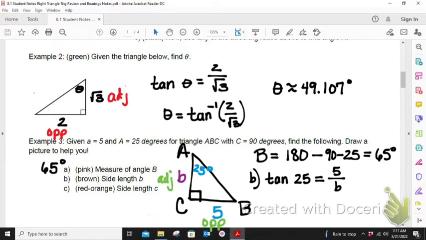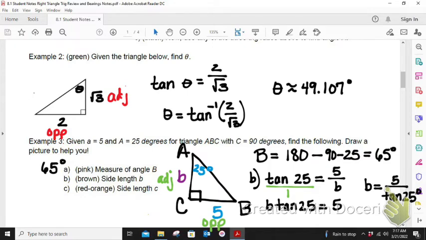Okay, so we're going to treat this like a proportion. Let's go ahead and cross multiply. So if I multiply this direction, I would have b times the tangent of 25 equals 5. So b is going to equal 5 divided by the tangent of 25.